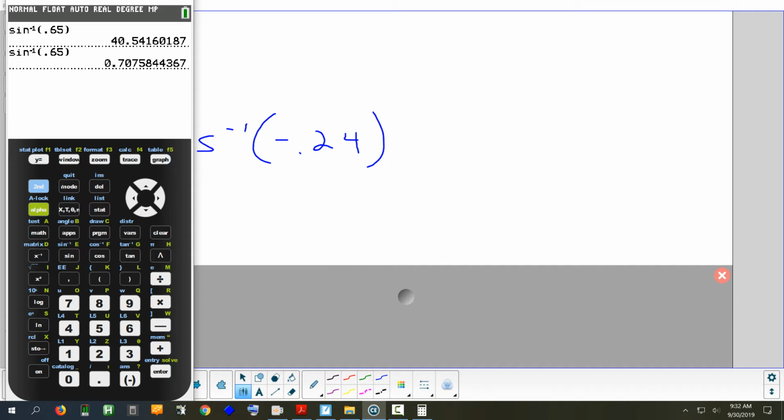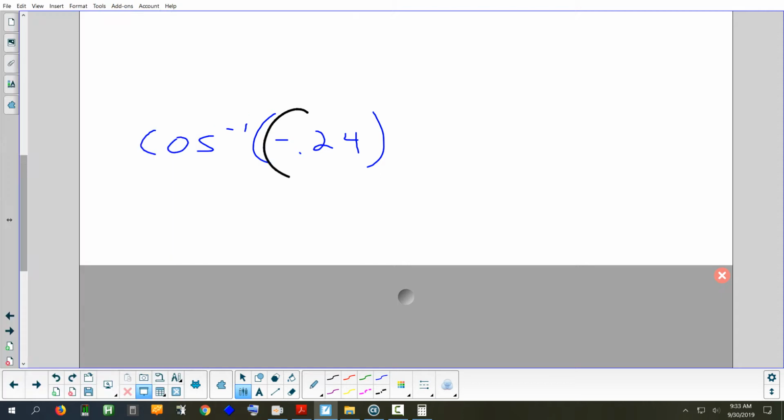It's going to be the same way we just did inverse sine, except I'm going to press not the same button, but the one next to it. Second, and then cosine. Second, cosine. And then this thing right here, that's your argument.